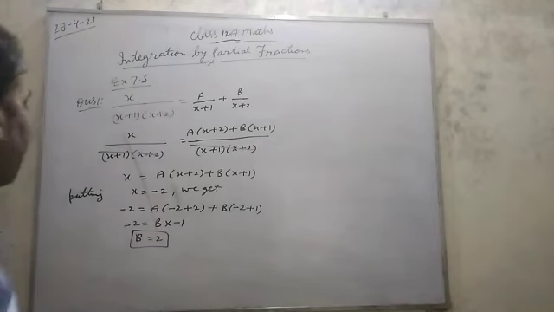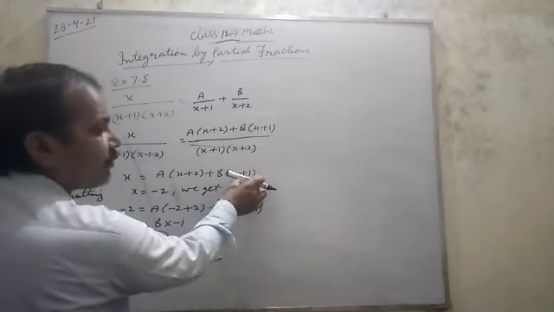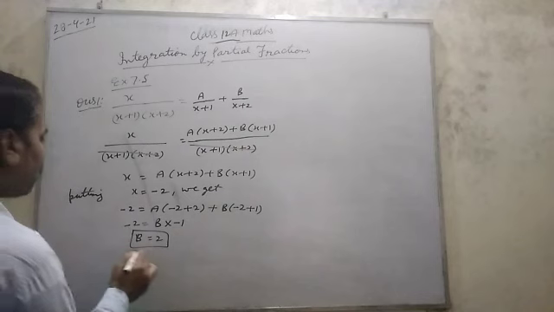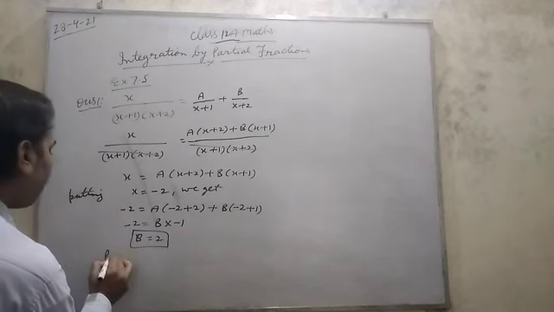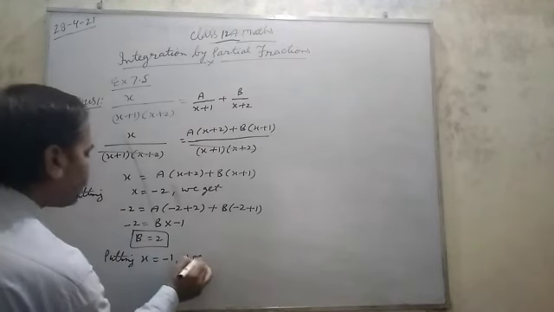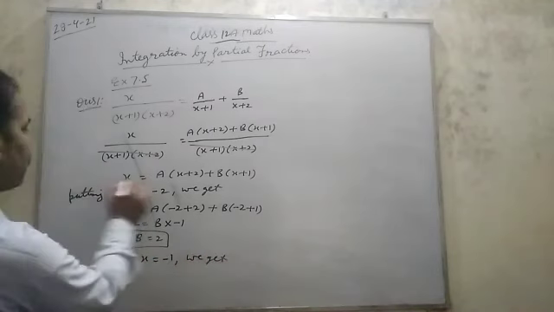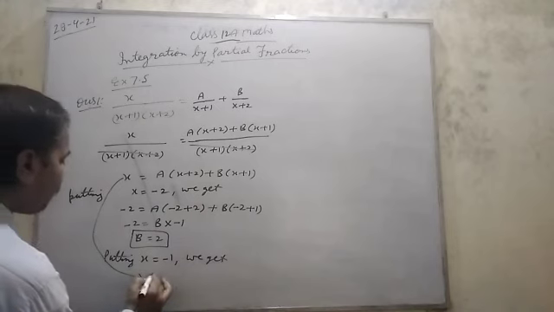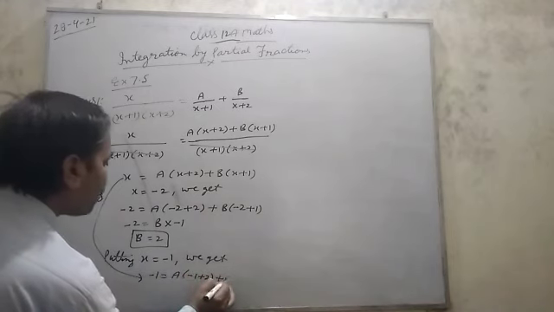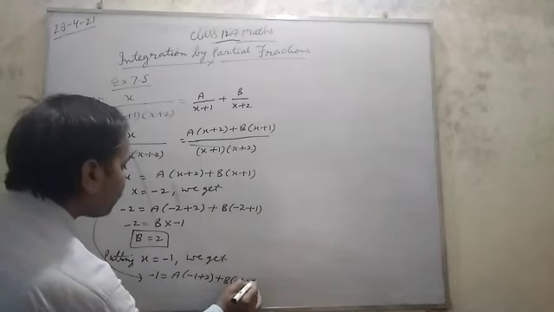For finding A, put the coefficient of B equal to 0, meaning x + 1 = 0, so x = −1. Again putting x = −1 we get −1 = A(−1 + 2) + B(−1 + 1).